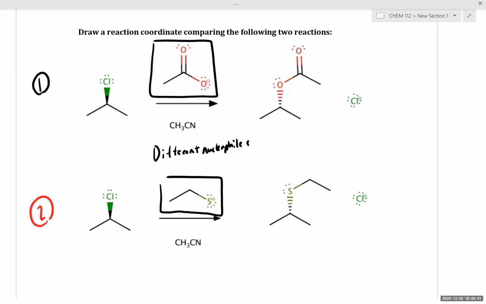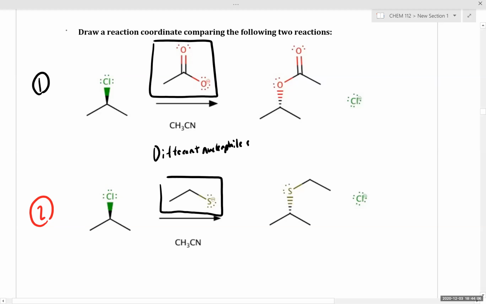You can go to your table, just to help jog everyone's memories. Which of these nucleophiles places our electron density on a polarizable atom, and which of these nucleophiles has a relatively localized charge?